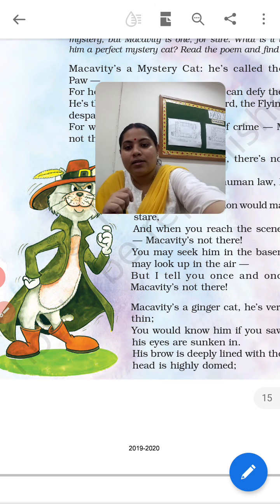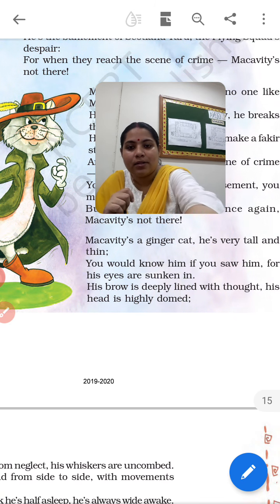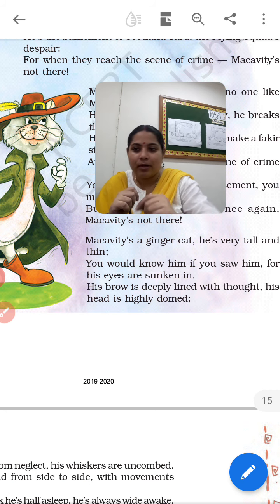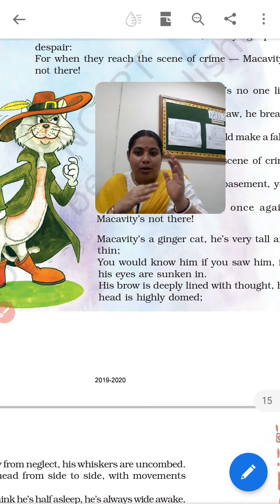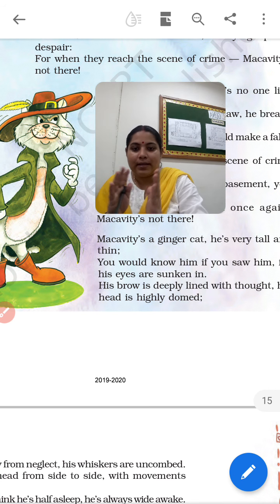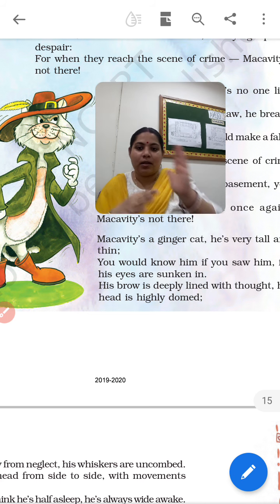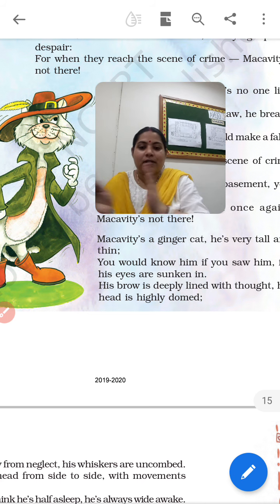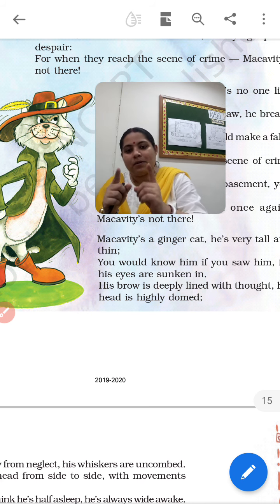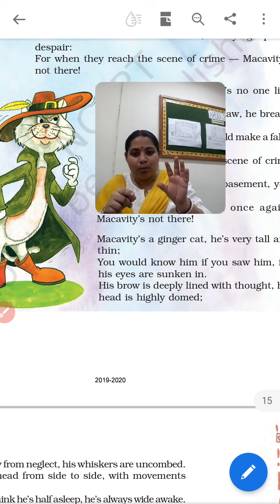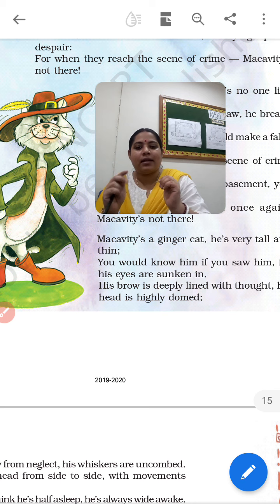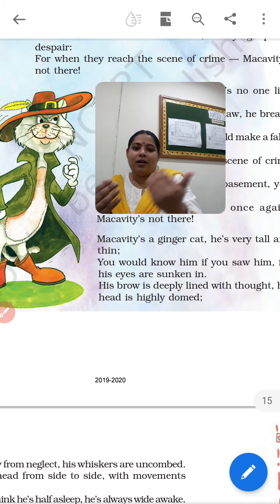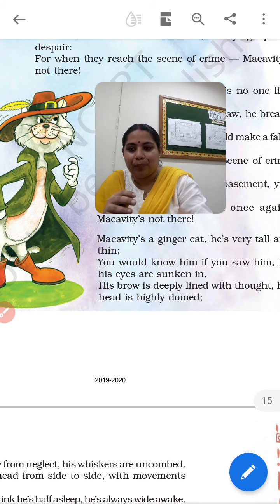Okay? His whiskers are uncombed. You can see the whiskers, that is the hair on his upper lips. So his whiskers are uncombed and he keeps swaying or moving his head from one side to the other, just like a snake. You must have observed a cat moving, that when it moves, it just moves its body from one side to the other, and it feels from the back as if a snake is moving.